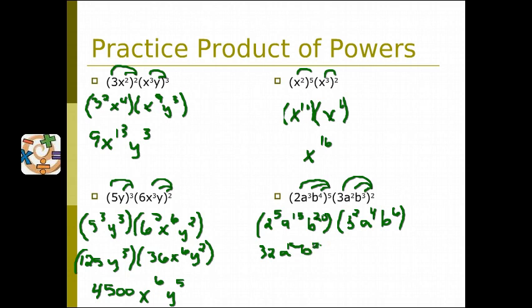Three squared is 9. A to the 4th. B to the 6th. 32 times 9, because we have to do our coefficients, multiplying those together, gives us 288.